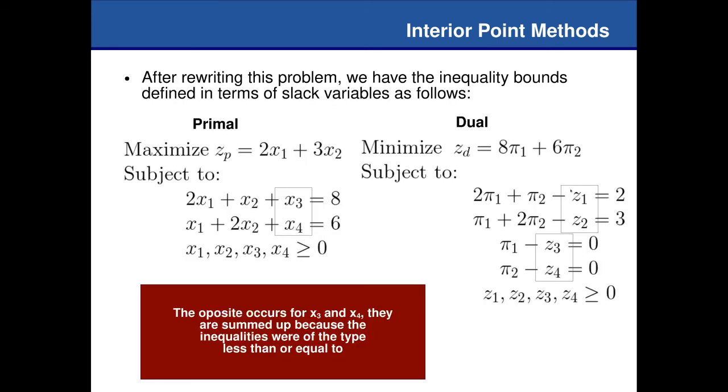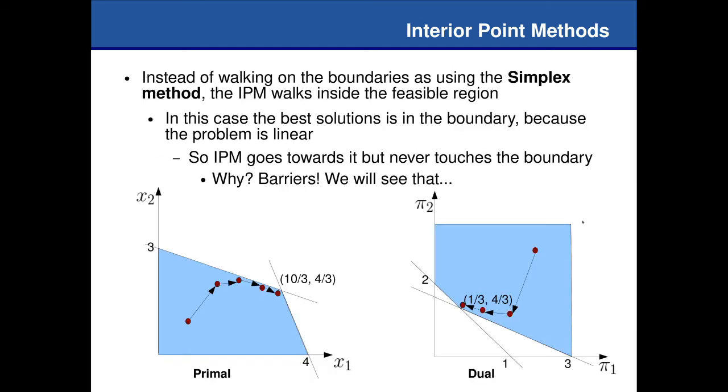Actually, slacks will be really, really great. I have x3 equals, I don't know, 5, x4 equals 3, x1 minus, I don't know, minus 5, z2, and so on. What means that I haven't found the best solution for a linear problem, because I know that for a linear problem, I need to touch a vertex.